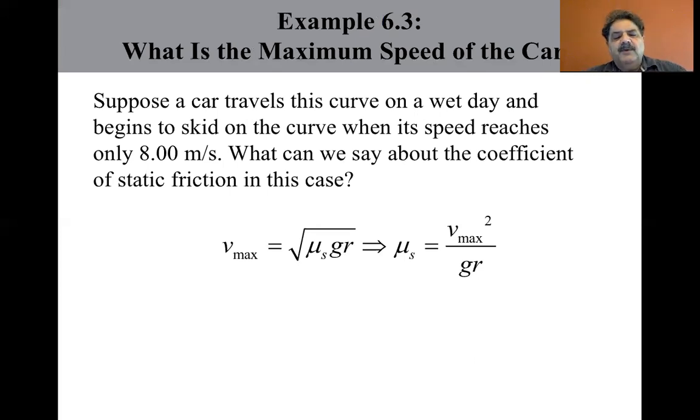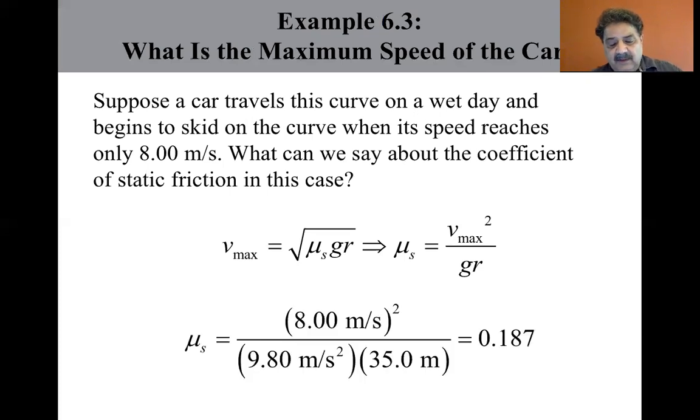Now, substituting the numerical values gives mu sub s equal to 8 meters per second squared, divided by g, 9.8 meters per second squared, times the radius, 35 meters, and you get a coefficient of static friction of 0.187, quite a bit less than when the road is dry. The regular coefficient was 0.523 for the dry road.